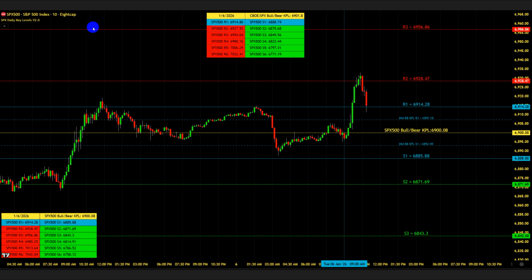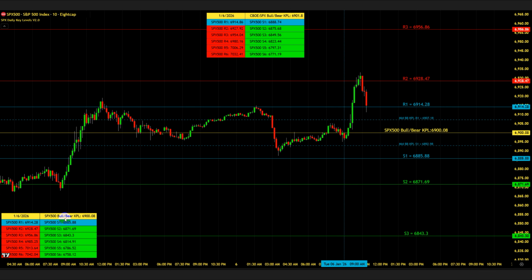Eastern Time. The SPX 500 cap trades in the overnight as well as the pre-market, whereas the CBOE SPX index does not trade in the overnight or the pre-market, and it opens at 9:30 a.m. Eastern Time. So if you have a second chart open with this indicator on the SPX 500 cap symbol, then at 9 a.m., as you see here, you will get two different tables on your chart.